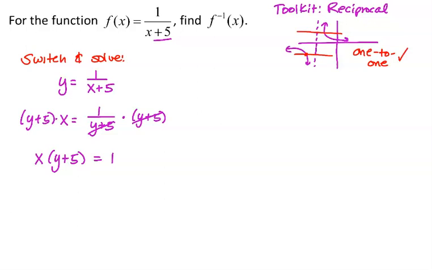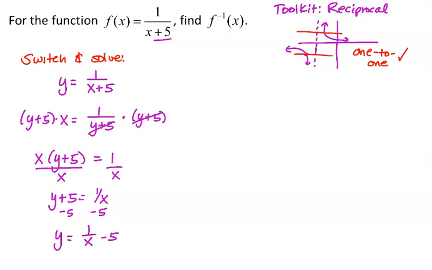So we have two options at this point. We could distribute our x, or we could go ahead and divide both sides by x since it's x times y plus 5. So I'm going to go ahead and divide both sides by x. That leaves me with y plus 5 equals 1 over x, and then I'm going to subtract 5 as well. So I have y equals 1 over x minus 5.